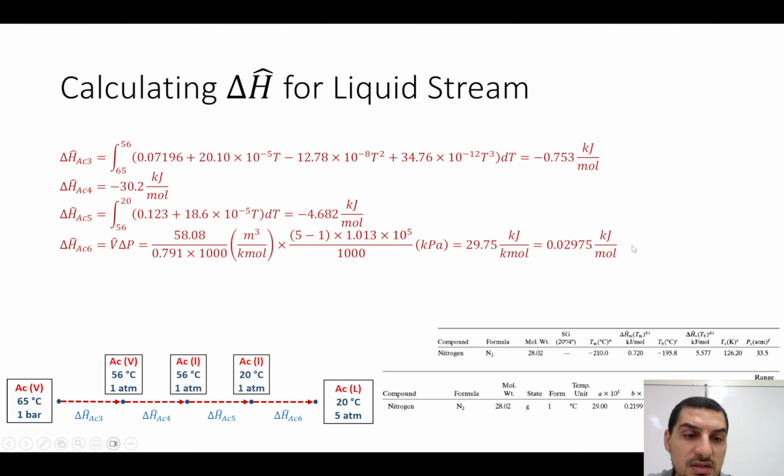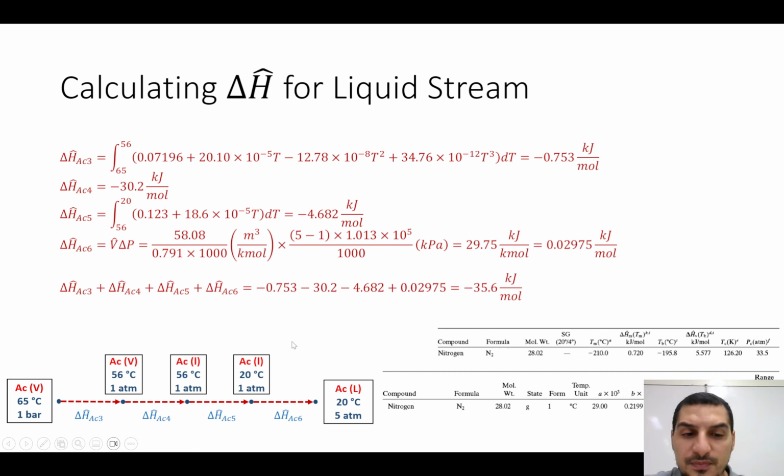If you convert this into kilojoules per mole to match the units of the rest of the terms, it's going to be 0.02975, which is a very, very small number. Again, this confirms what we said before about the minimal effect of pressure on the change in enthalpy.